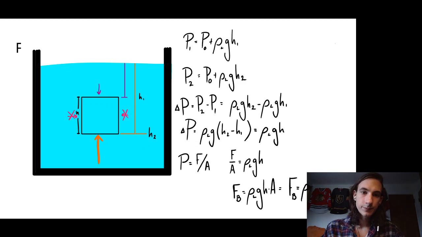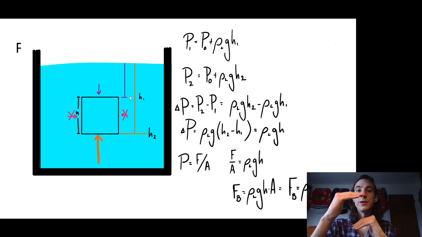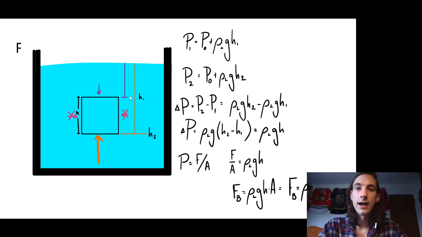But we said before that if we have different heights of fluid above us, if we're at different depths, then there's going to be different pressures. So this top face, I'm going to call it surface 1, is going to be at a lower pressure than this bottom face, pressure 2, because surface 1 has less particles pushing down on it.